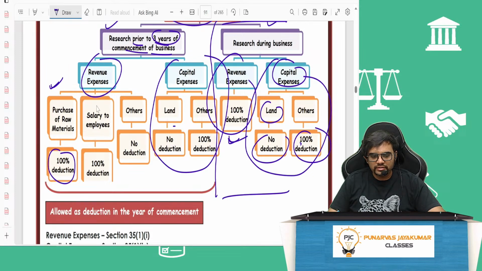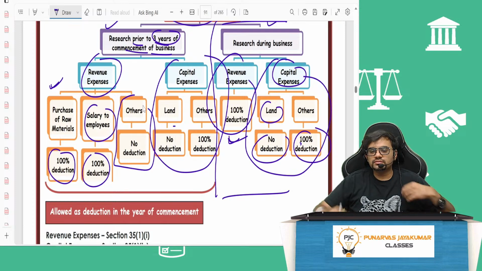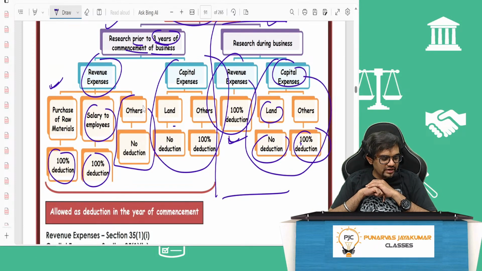Salary to employees, 100% deduction. What about buying fuel for vehicles? No deduction. Other revenue expenditure, no deduction. So if I am using fuel, etc., no deduction. Any other problem, no deduction. Purchase of raw materials, 100% deduction. Salary to employees, 100% deduction. Others, no deduction.